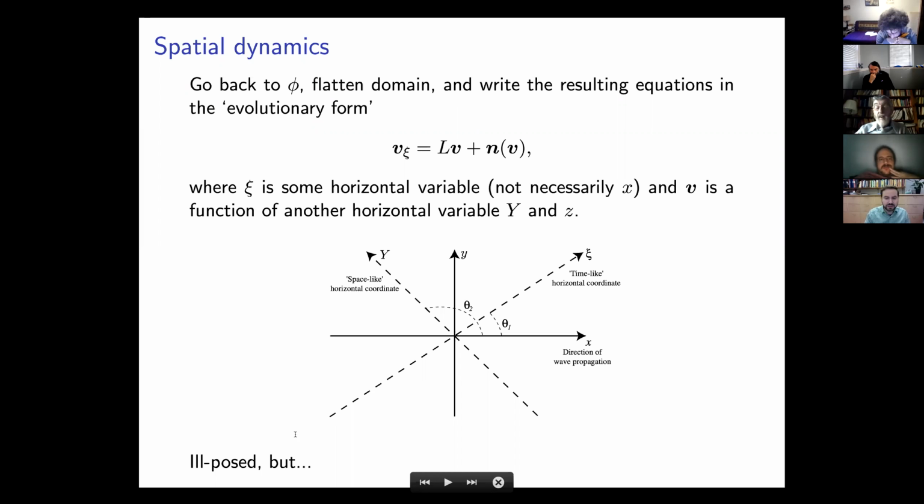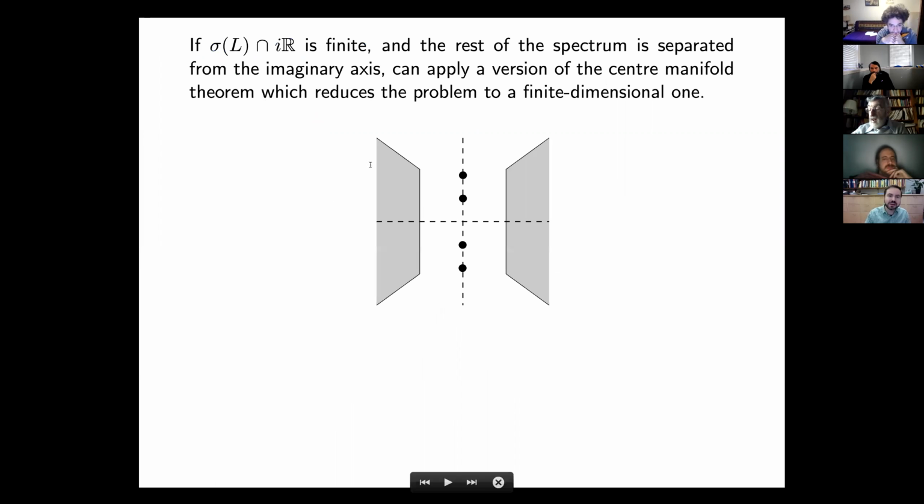The problem, if you do this, is that typically this problem is going to be ill-posed. But there is still some hope, namely, if the number of eigenvalues on the imaginary axis is finite, and the rest of the spectrum is separated from the imaginary axis, then you can apply a version of the center manifold theorem, which reduces the problem to a finite dimensional problem.